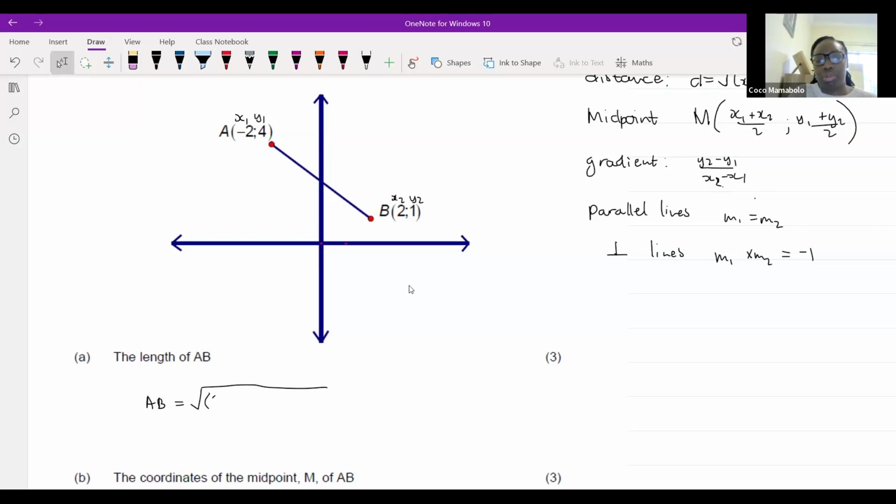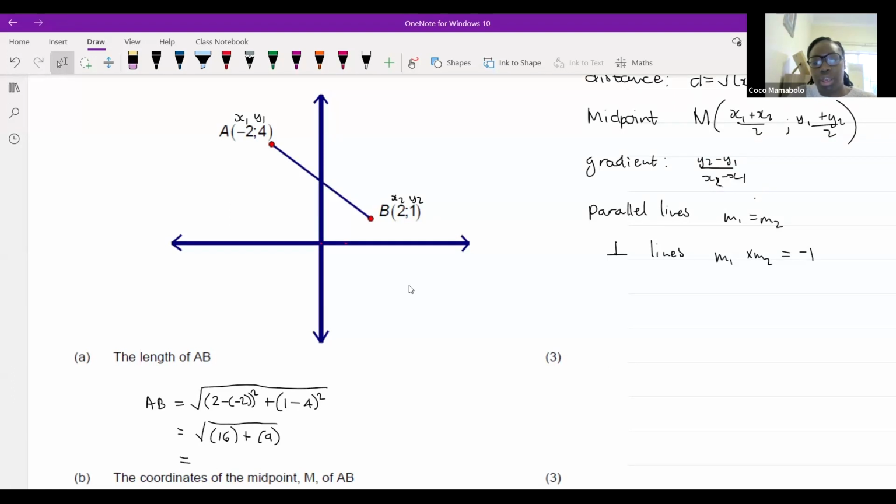So my x2 would be 2 minus -2 all squared plus 1 minus 4 all squared. Okay, that would give me the square root of 2 plus 2, which is 4, that's 16, plus 9. 1 minus 4, that's -3, all squared would give me 9.